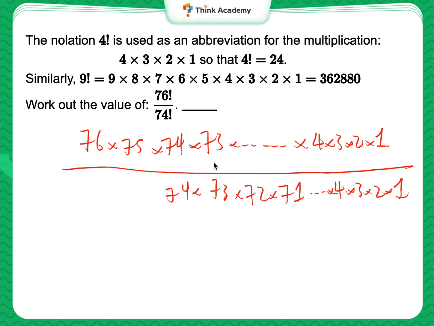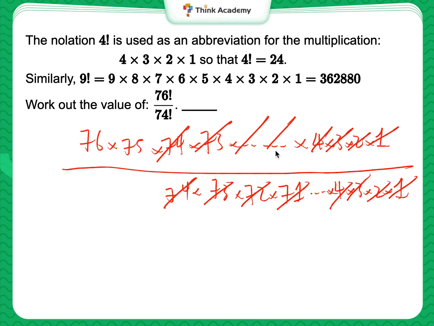And we also know that we can simplify a fraction to its equivalent fractions by dividing the numerator and the denominator by the same number, which means that starting from 74, all these smaller numbers can be simplified. All these smaller numbers can be simplified until finally the whole denominator is simplified and we only have 76 times 75 left in the numerator.